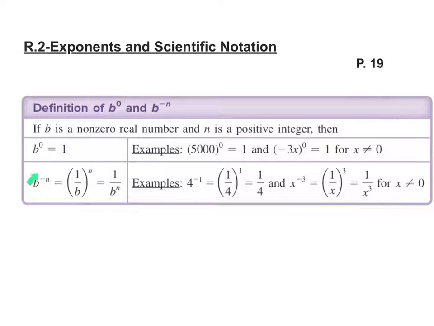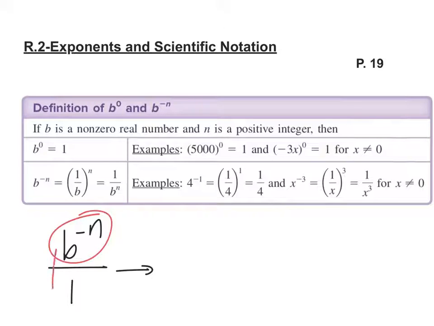The other issue that we have is when you have a base raised to a negative power. It has nothing to do with negative numbers. Okay? All it has to do with is position in relationship to the fraction bar. See that right now the fraction bar is here, right? Because it could be b to the negative n over 1. All we've got to do, and hopefully you remember this, you take this, slide it across, and it becomes positive, and that leaves me a 1 up top, and that's where the definition comes from.